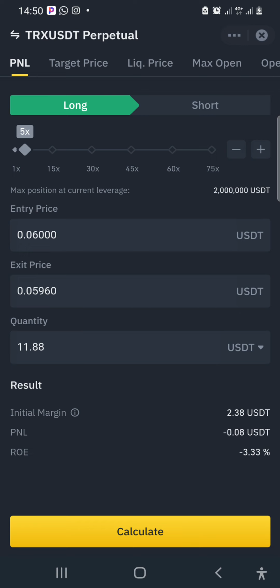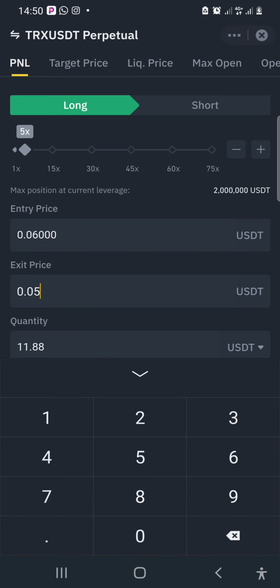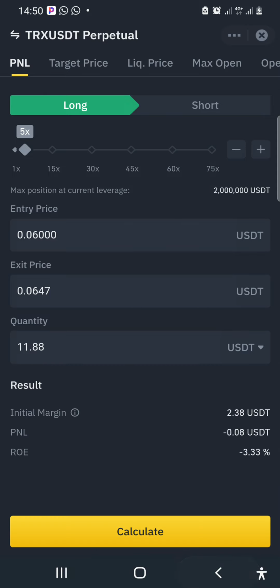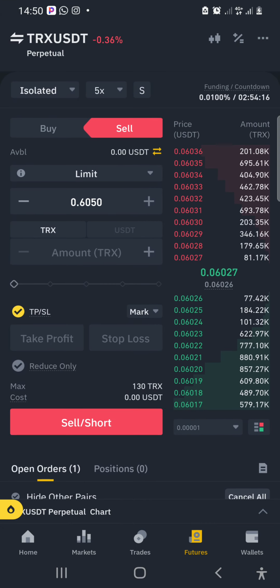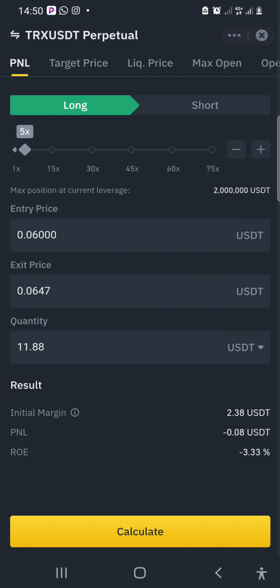So for my take profit now, which is 0.00647, calculate. You can see now 39.17% profit. You get.